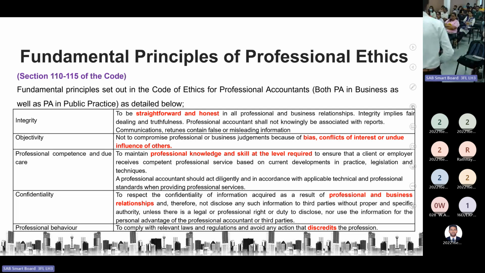So you can't use the information for your personal advantage. You need to maintain the confidentiality as a professional accountant.